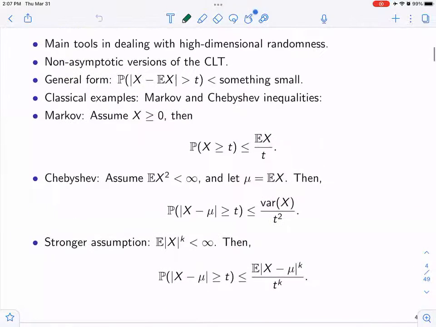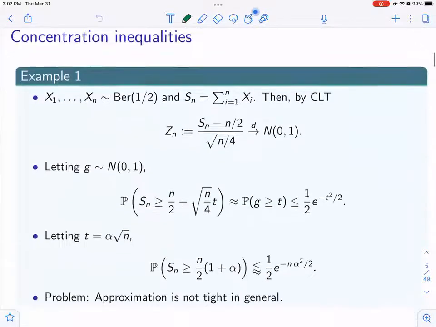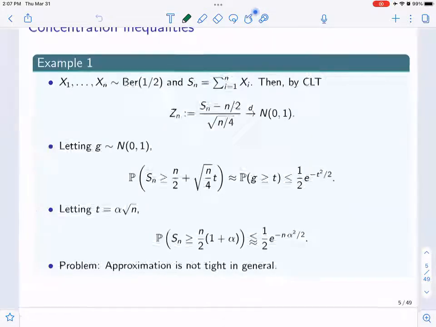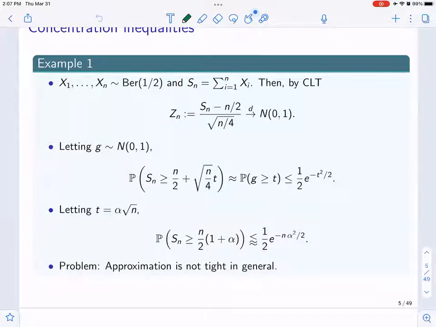Any question about this? Okay, so here's an attempt to get exponential tails. Suppose we have Bernoulli random variables with probability 1/2 of coming up 0 or 1. They're IID, and you form the sum.